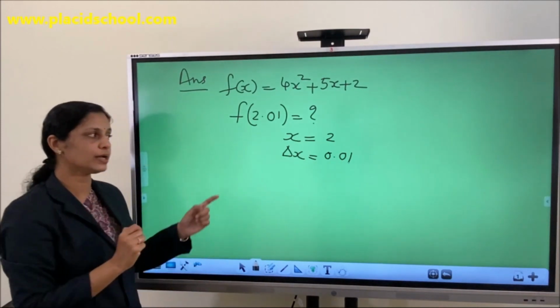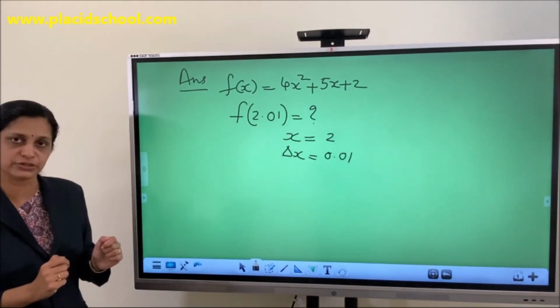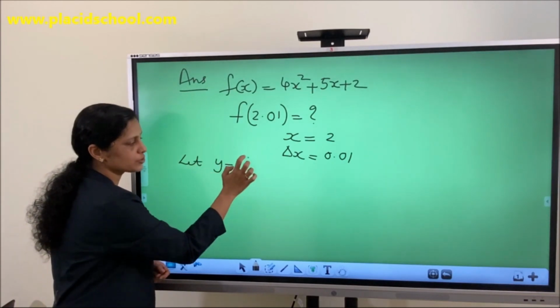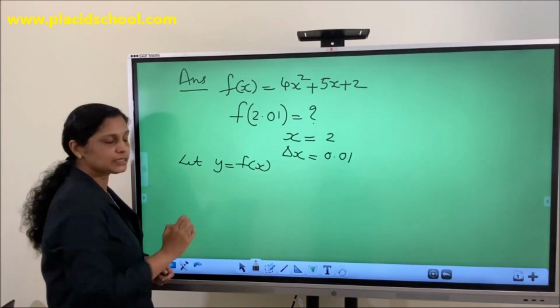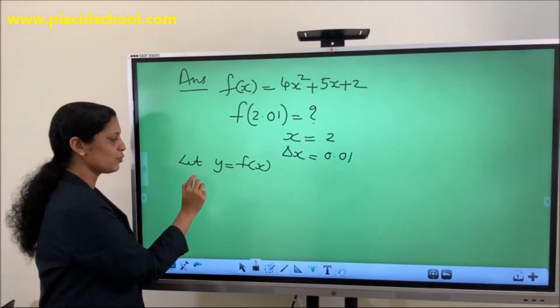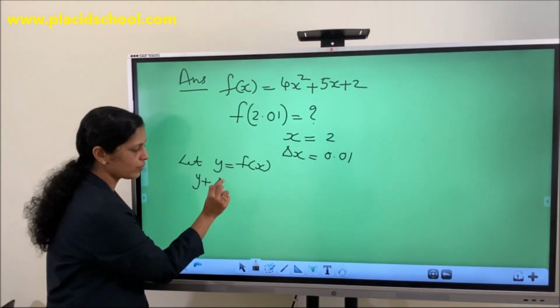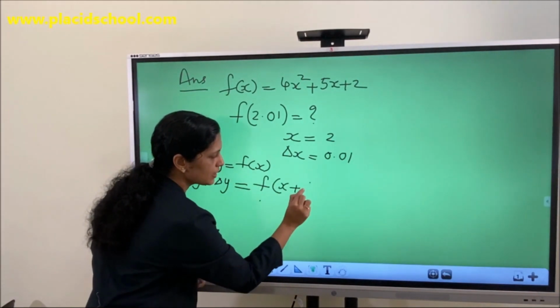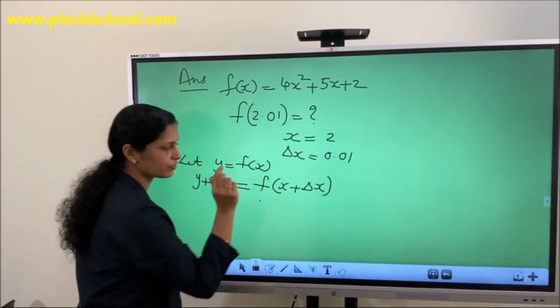Therefore, x is 2 and delta x is equal to 0.01. And you have to start with let y is equal to f of x. Then just like the previous questions, y plus delta y is equal to f of x plus delta x.